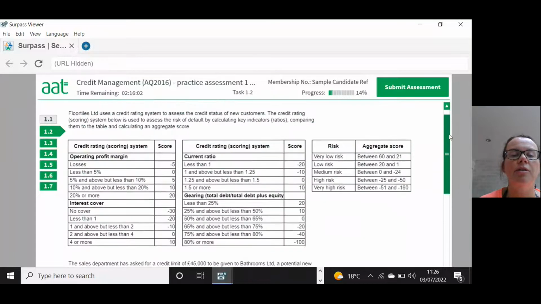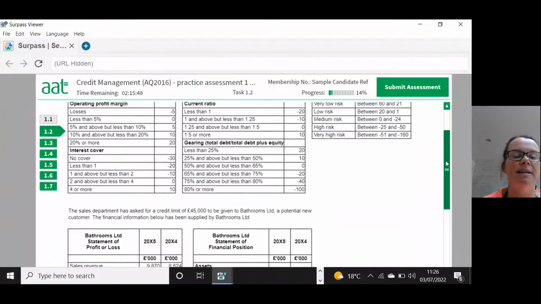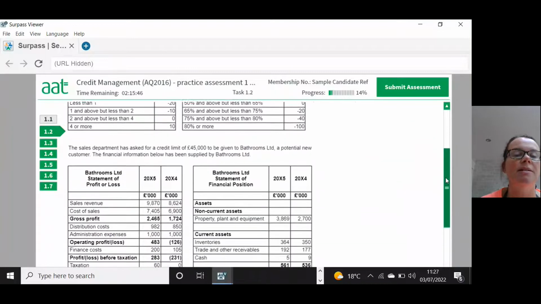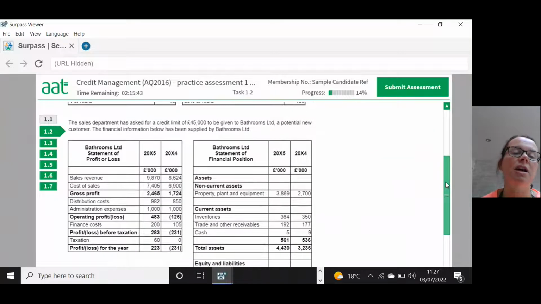Right, so you look as if you're going to be given the scoring system for each of the ratios that you're going to be asked to calculate, and then working out what the total is to determine the risk of this particular business. It says here the sales department has asked for a credit limit of 45,000 to be given to Bathrooms Limited, a potential new customer.